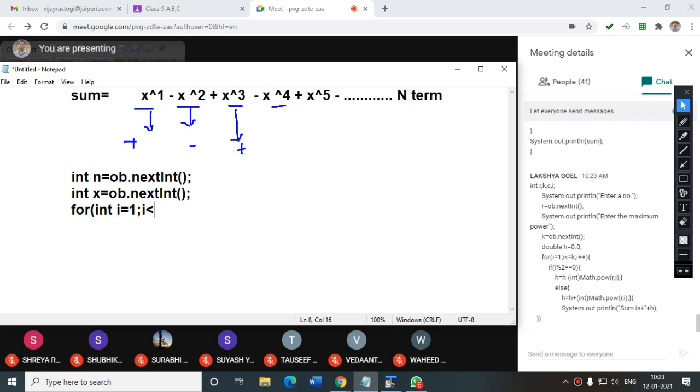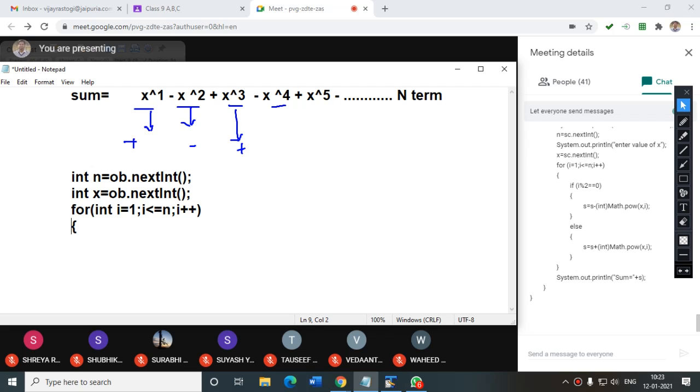So now the number of terms is given here. In that case, I always told you to use the loop starting from 1 to the number of terms for natural numbers.